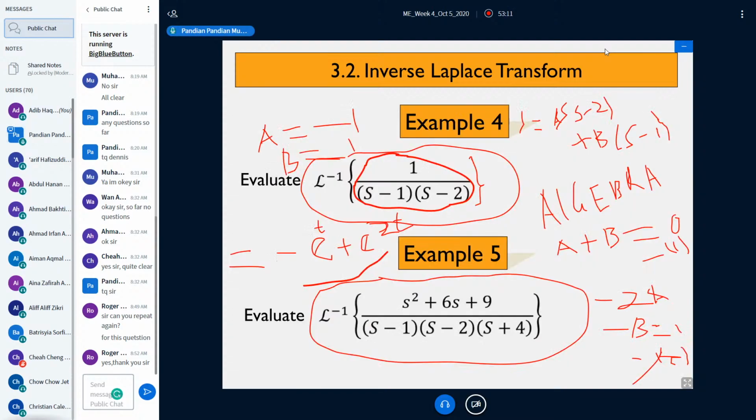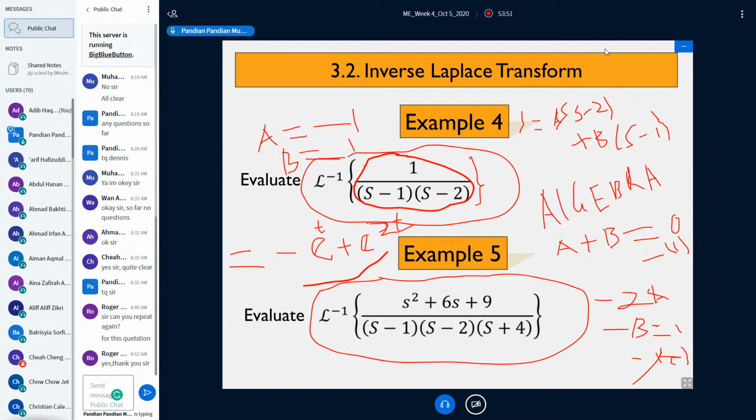But this one, not very hard, but very lengthy. So you have to follow quickly. I can give you the answer. For example 4, your equation A plus B equals 0. Okay, this one we call equation 1. I write down here, equation 1.